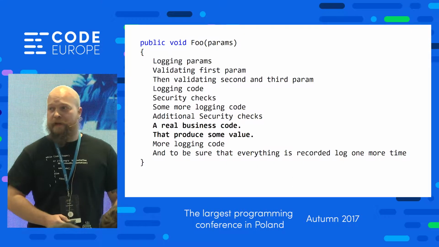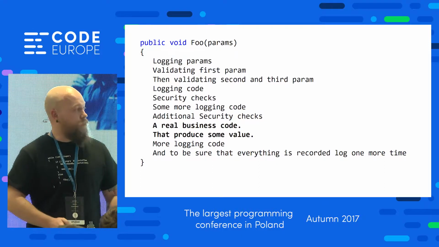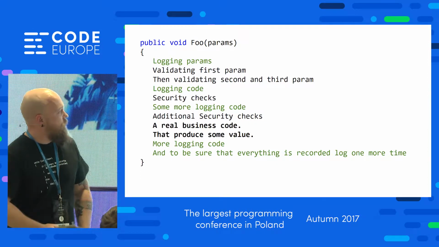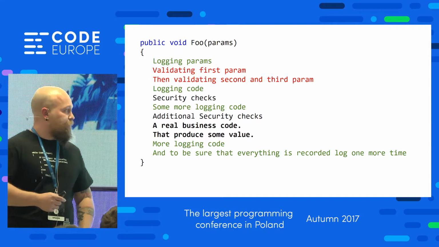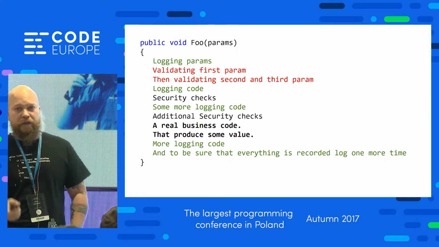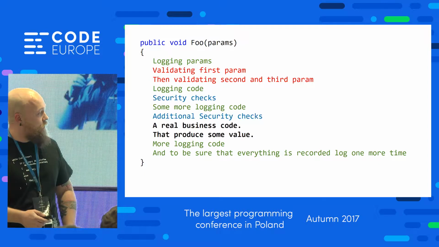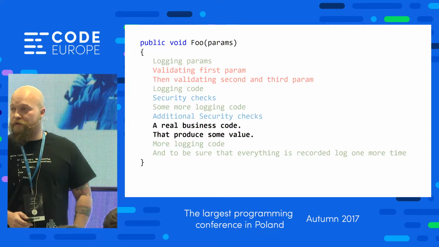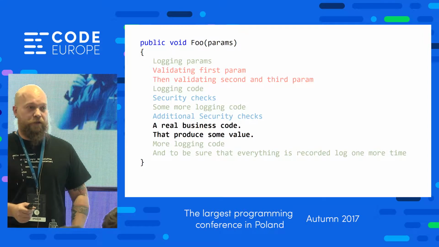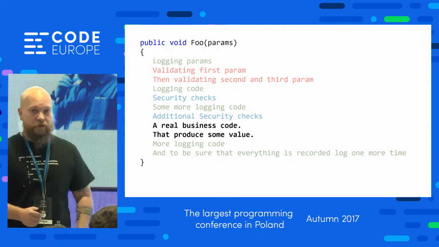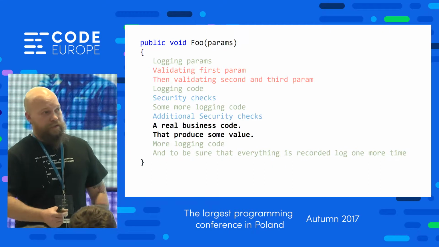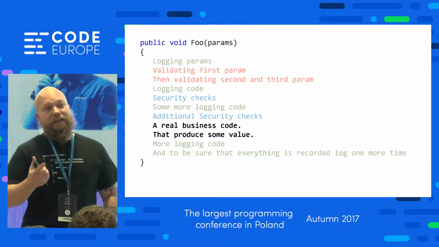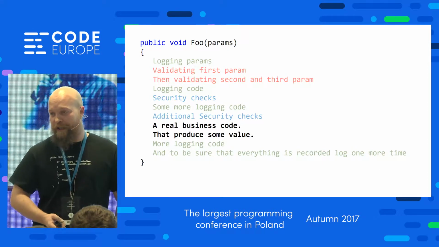The rest is some kind of infrastructure: different checks like logging, validating params, or maybe some security checks. Only 2 lines of code reference the business logic, something that you really care about from a business perspective. This is the core domain logic and intention of the whole application.